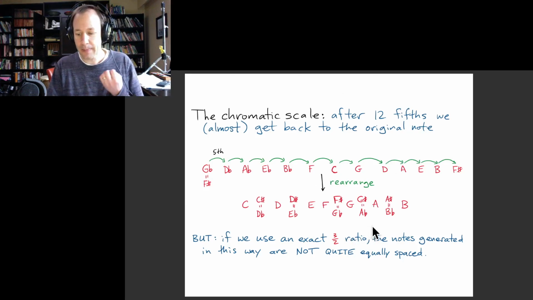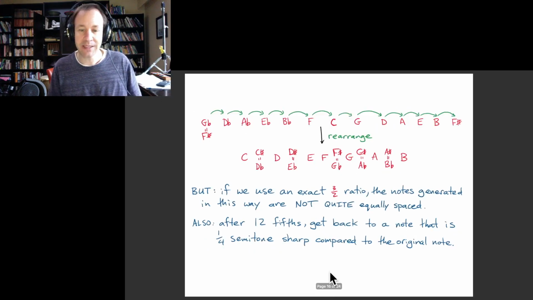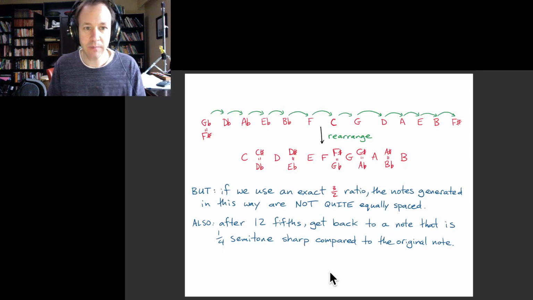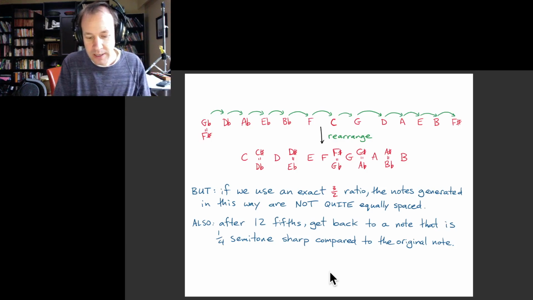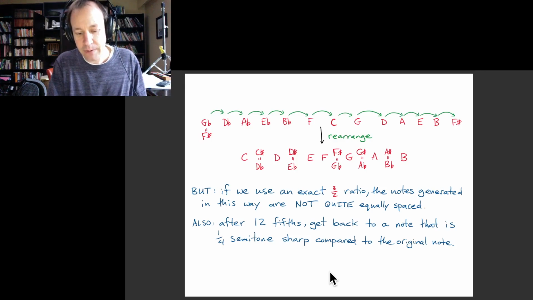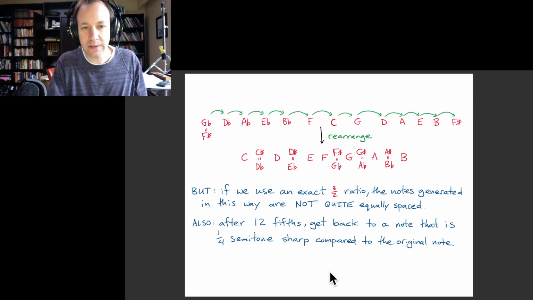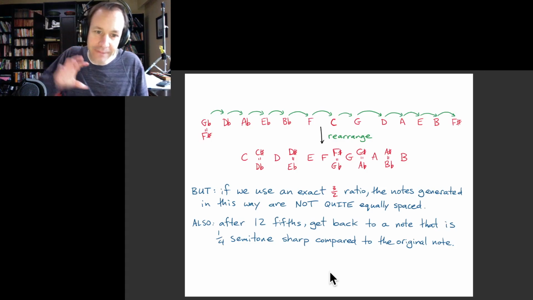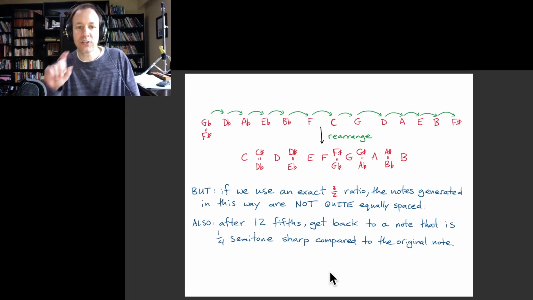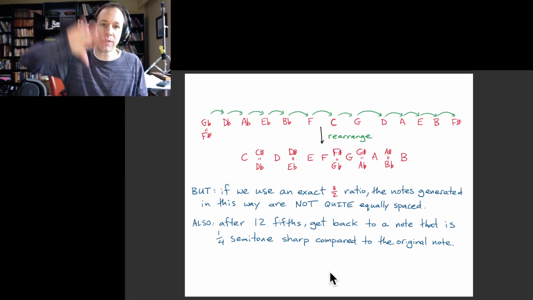Maybe that's not a problem, but what we're used to on a piano is that when you play a certain chord and then move it up one semitone at a time, it sounds the same, or has the same qualities.